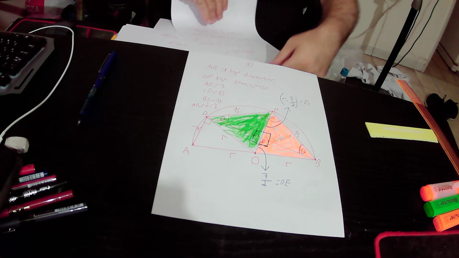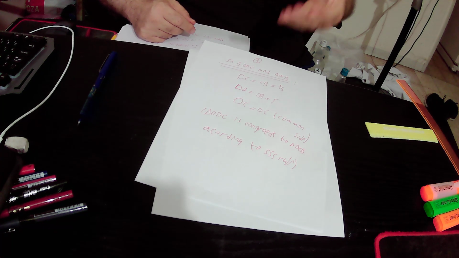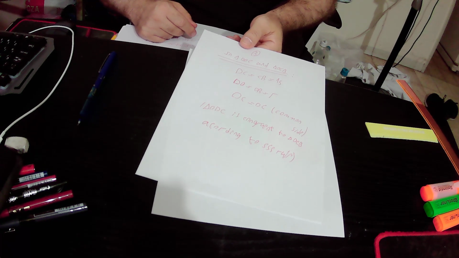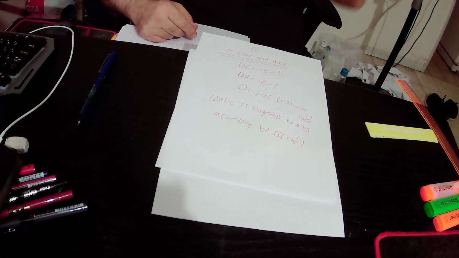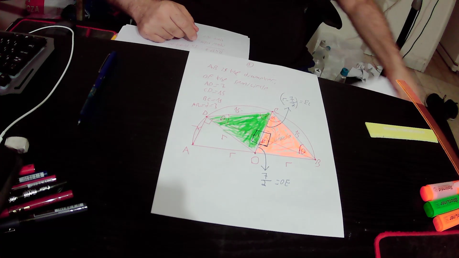So we actually proved that all the sides of the green triangle are equal to all the sides of the orange triangle. Therefore the green triangle is congruent to the orange triangle according to side rule. Okay?